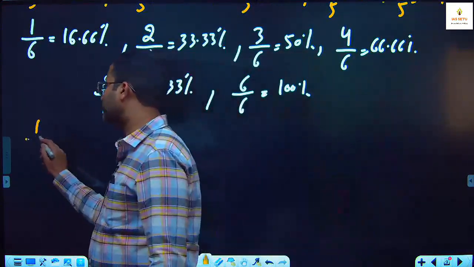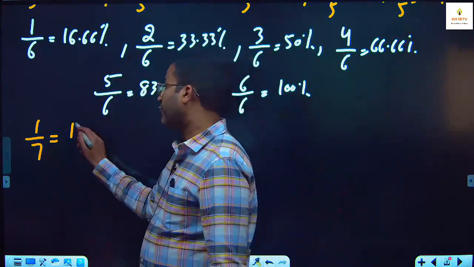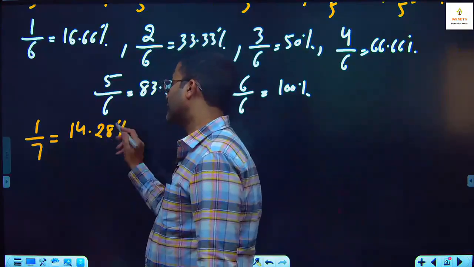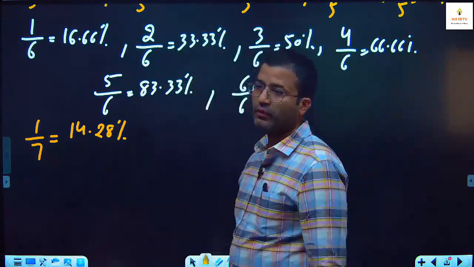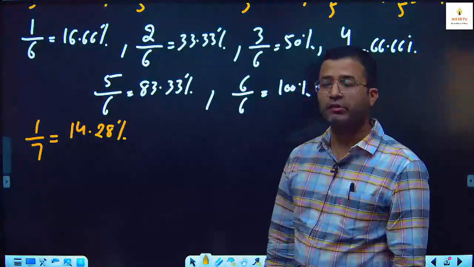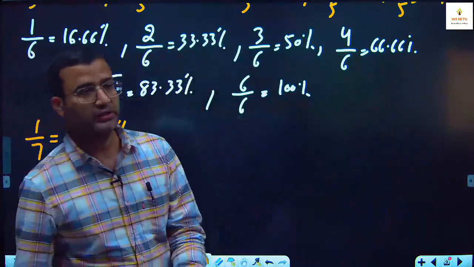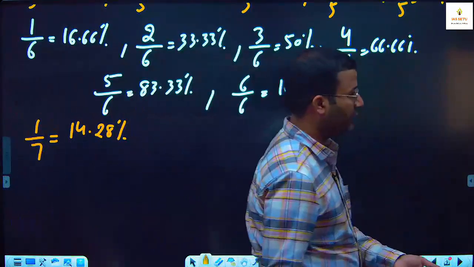Now next is 1 by 7, 14.28%. I tell you the use. Deliberately we ask this type of calculation in percentage, profit and loss, partnership, data interpretation.